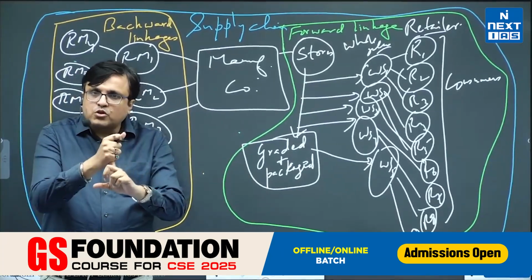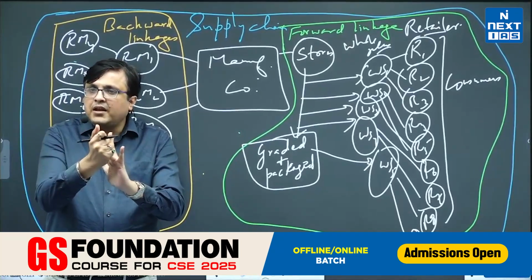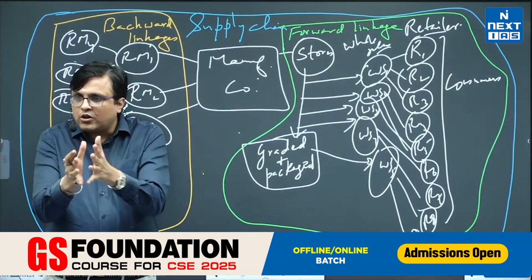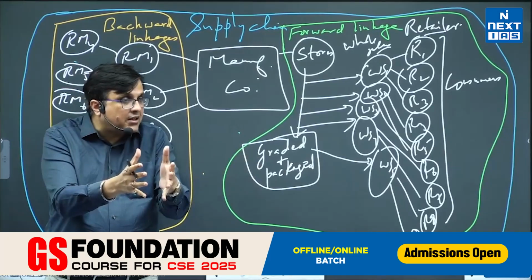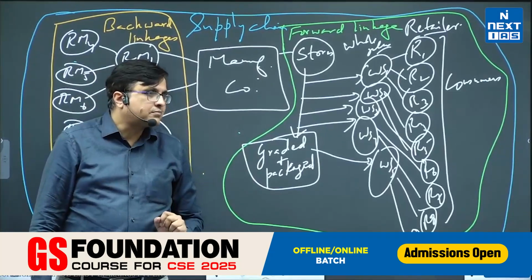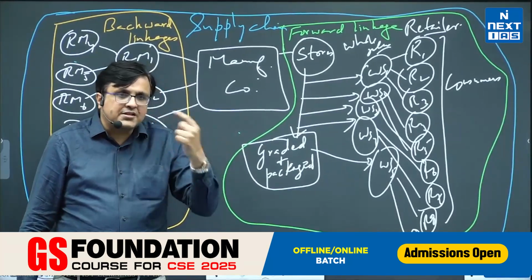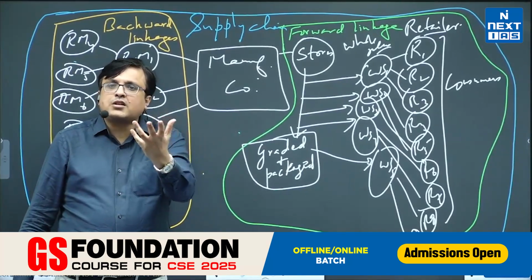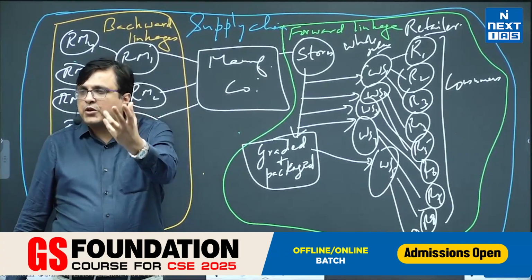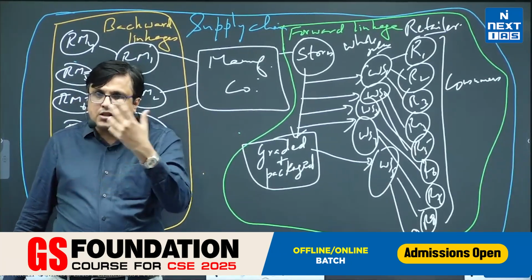So transportation, storage, grading, packaging and insurance, इन्हीं सभी खर्चों को जब तुम मिलाते हो, when you combine these expenditure, that is what is called logistical cost. So you must be hearing this word in the newspapers very often, logistics, logistical cost. So what is logistics? Logistics is transportation, storage, grading, packaging. That's logistics. What's a logistical cost?